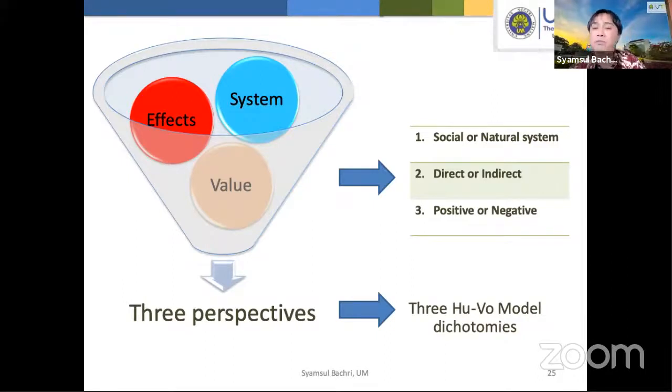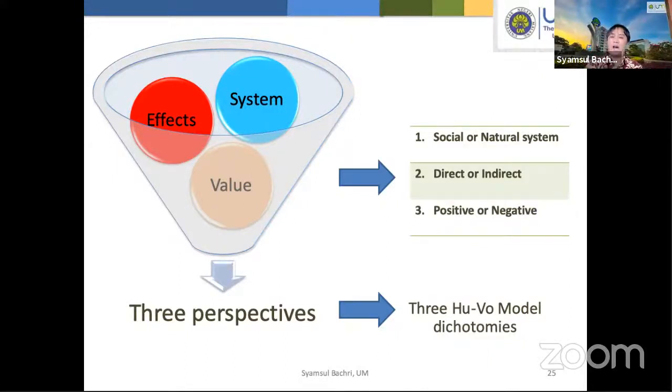Then we come to the value of the dichotomies, or the value perspective. It can be positive and it can be negative. When you understand yin and yang, there is black and white. So I introduce this: the eruptions have social and natural aspects, the eruption has direct and indirect effects, and the eruption has negative and positive value.